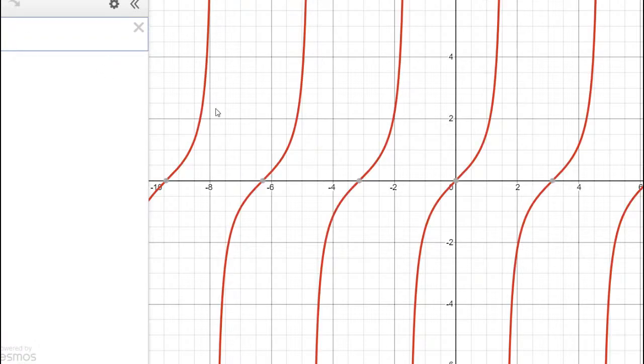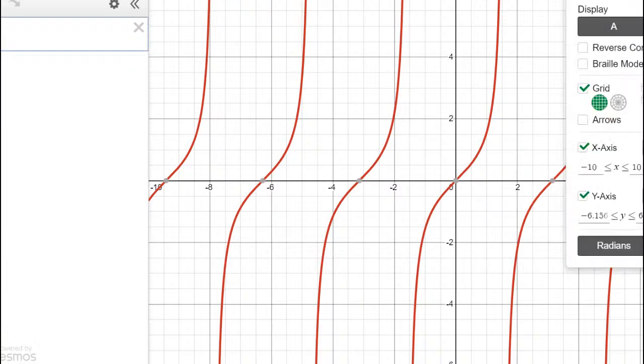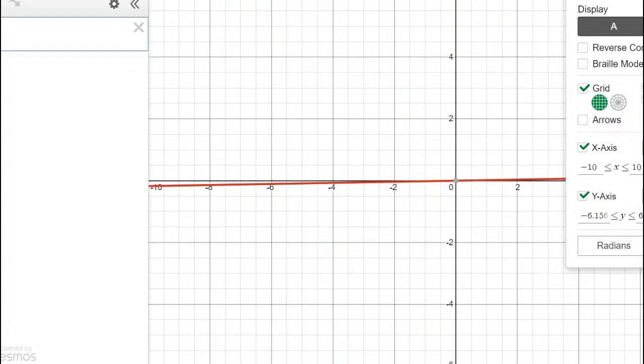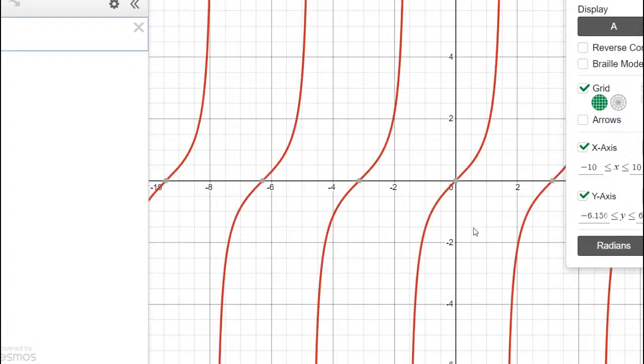So let me do it for degrees into radians.